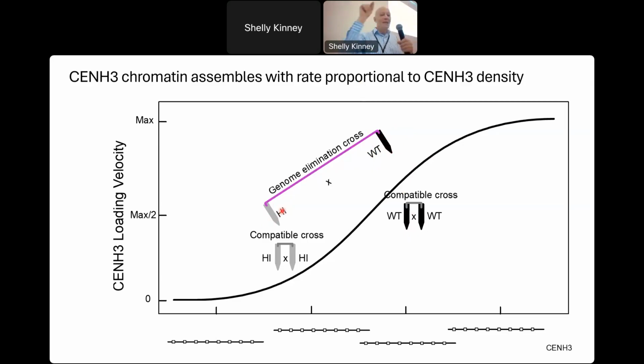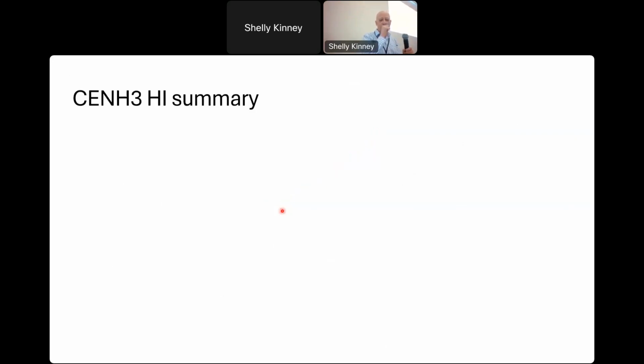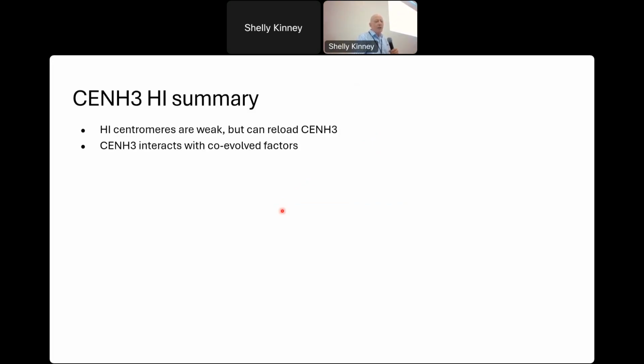In the haploid by haploid, the difference is not there, so the cell waits until these get loaded and then goes on. That explains why the haploid inducer can self efficiently and why it can cross without any problem with other haploid inducers. So in summary, haploid inducer centromeres are weak and can slowly reload SNH3.